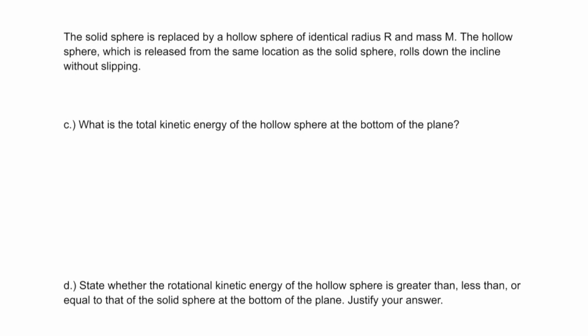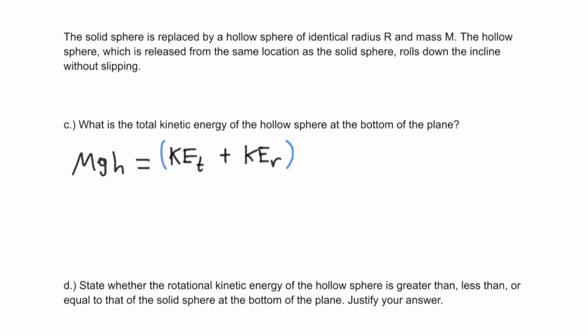Solid sphere replaced by a hollow sphere. Same mass, same radius. So we know that mgh is going to go into the kinetic energy of translation plus the kinetic energy of rotation. Well, mgh, and this is KE total in the parentheses right here, is the total kinetic energy.